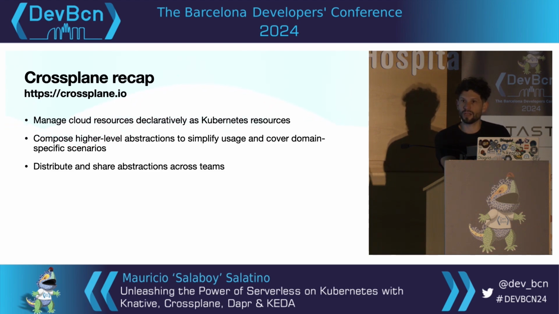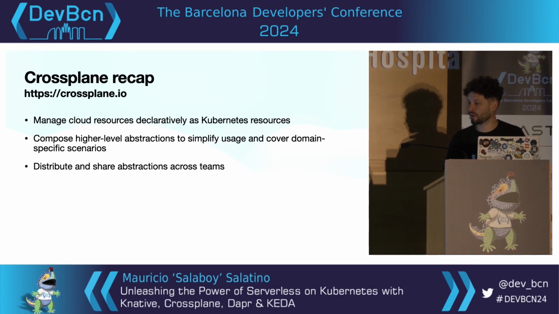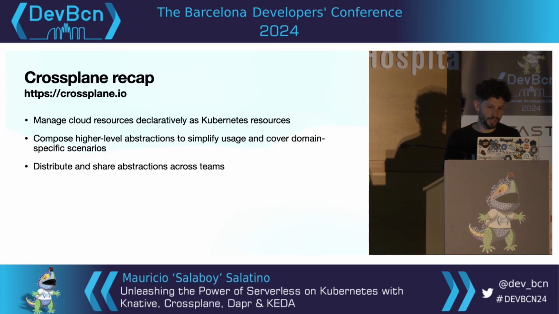So Crossplane, again, basic stuff, you create infrastructure using Kubernetes resources. More advanced stuff, you create higher level abstractions that you can use to expose your interfaces that are more specific to your domain. Looking into compositions and composition functions is a key thing on the project, and they have been doing great with that. And I've seen a lot of companies just picking Crossplane for those capabilities.